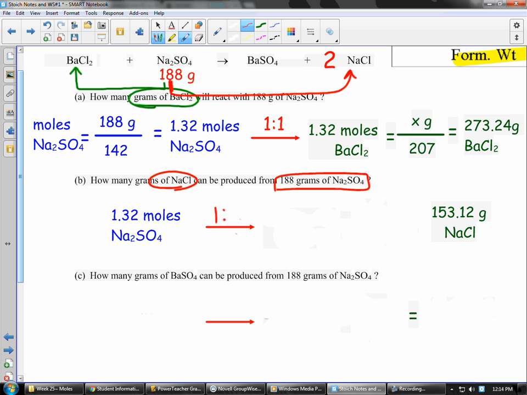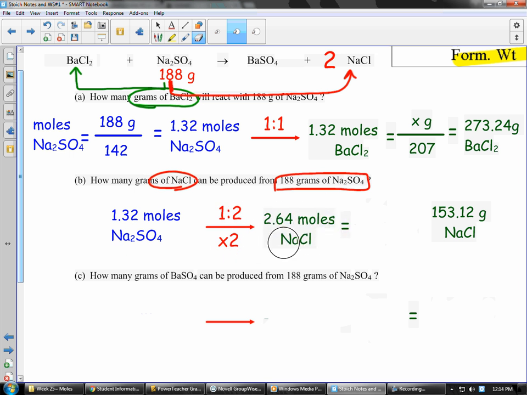So I have a 1 to 2 ratio. So with this number, I'm going to double it to 2.64 moles of salt. Moles equal mass over the formula weight of 1 sodium and 1 chlorine, which gives me 58. Good. Last but not least, how many grams of barium sulfate?